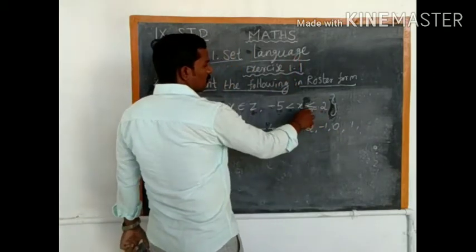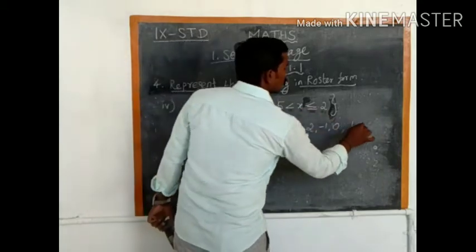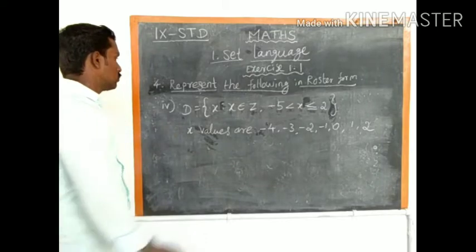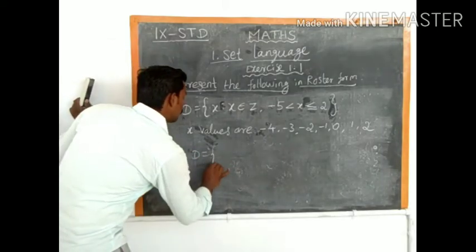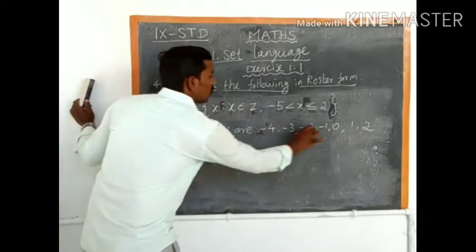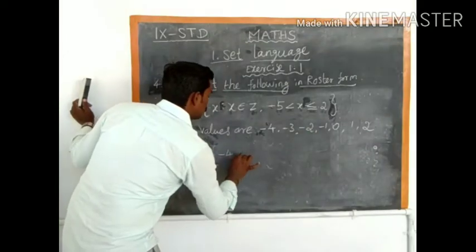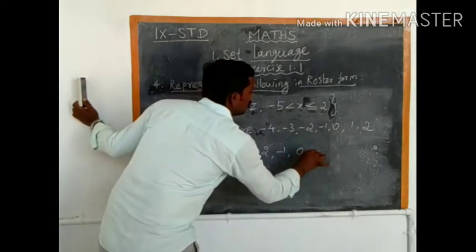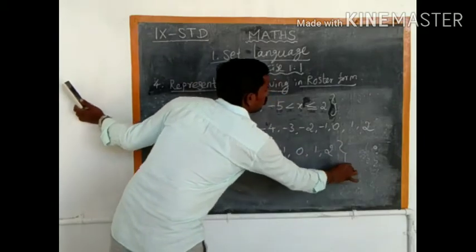The 2 is included here because of the equal to in the condition. These are all the x values of the question. So D is equal to the set of all x, and the x values are -4, -3, -2, -1, 0, 1, 2.